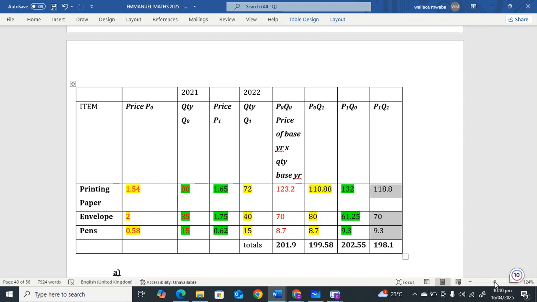Multiply the price for each year by its quantity, then the price for each year by the quantity for the other year. Then you get the totals. Any questions?